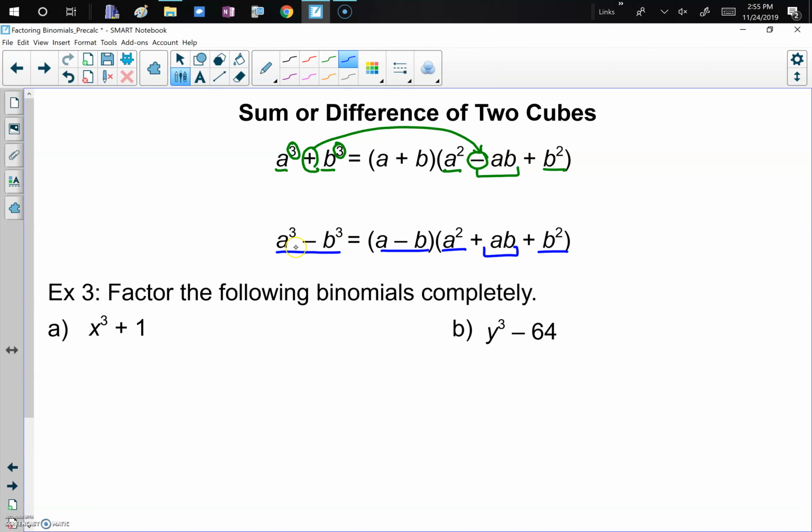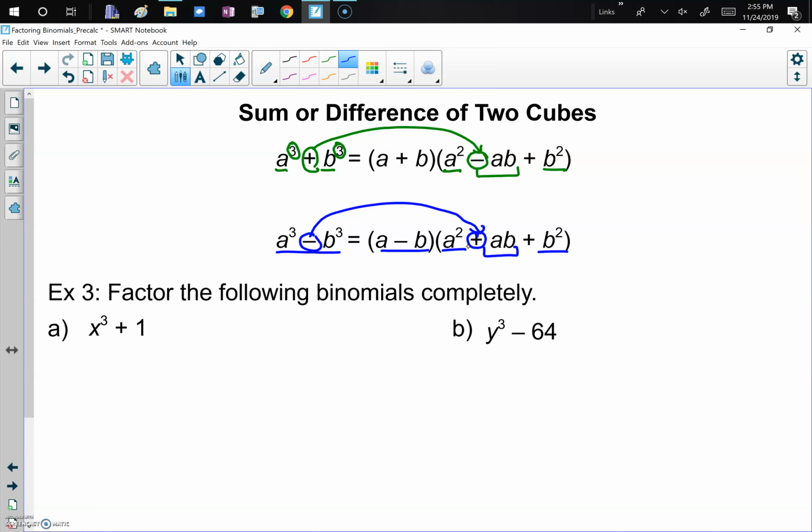The middle term is each of them multiplied, but again, looking at the sign, it needs to be the opposite of what it was in the original. So originally it was a minus sign, now it needs to become a plus sign. So that's how I remember the pattern for this factoring method, is essentially what I described here with keeping the bases the same or squaring them or negating the sign.